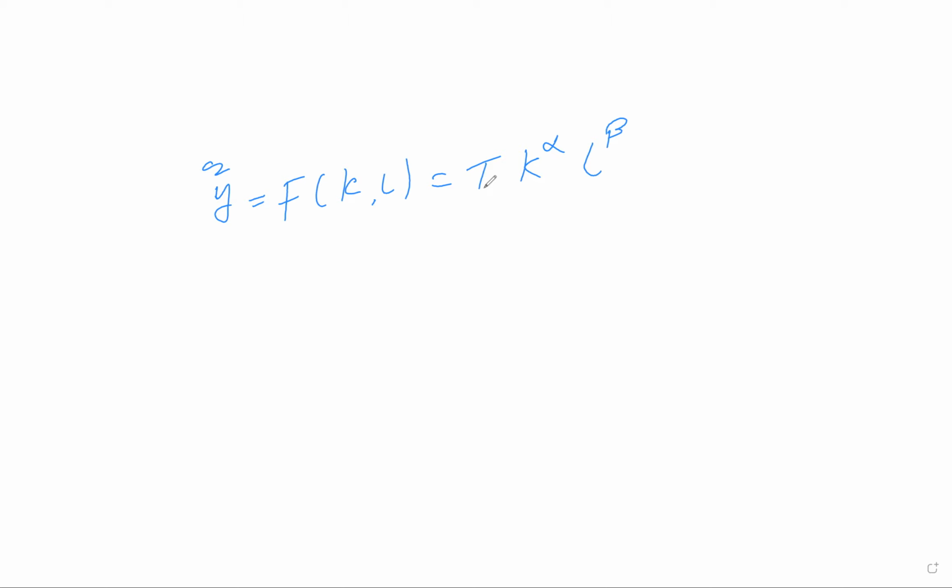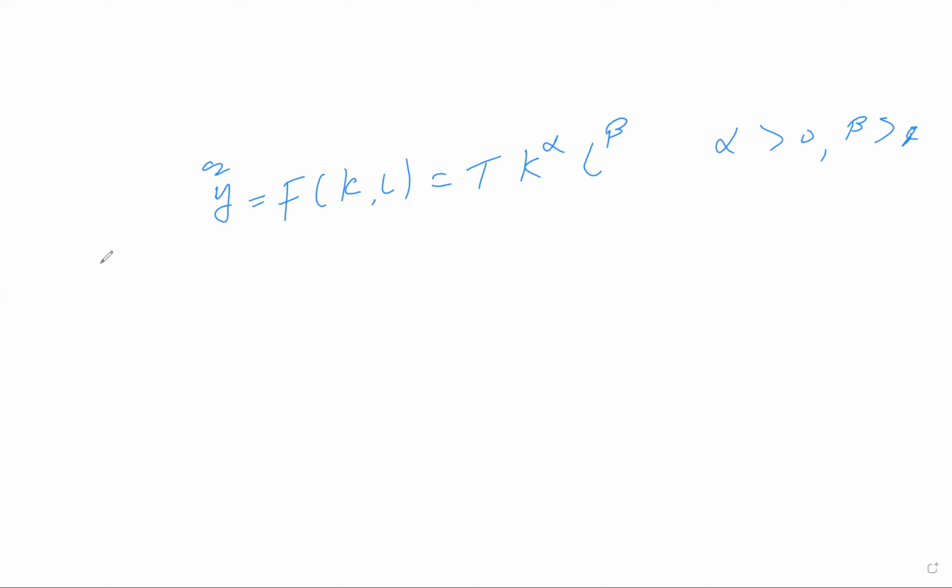T captures technological progress, and it is assumed to be constant. Alpha and beta are two positive parameters, which means alpha is greater than 0 and beta is greater than 0. This is what we mean.